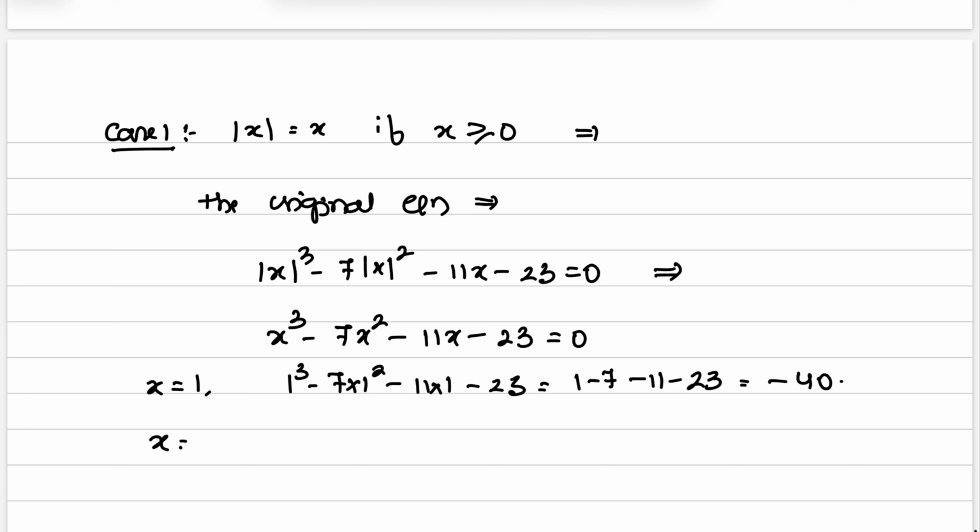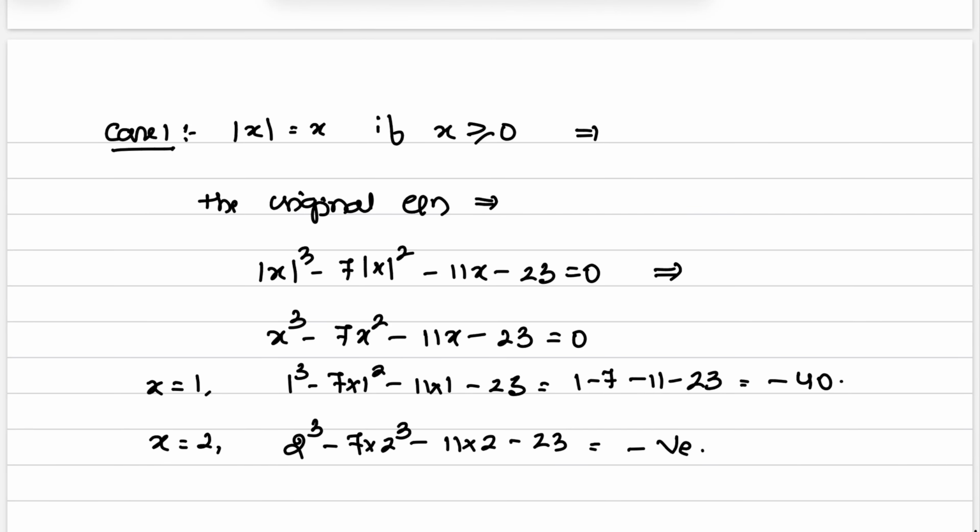If x is equal to 2, it is 2 cube minus 7 into 2 square minus 11 into 2 minus 23. This also becomes negative.